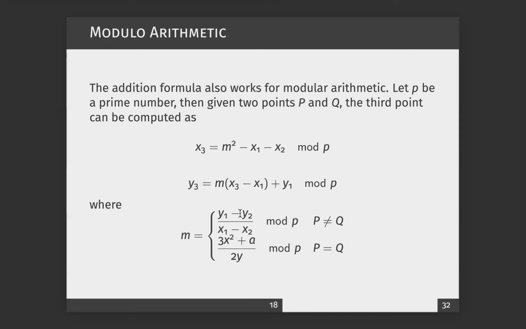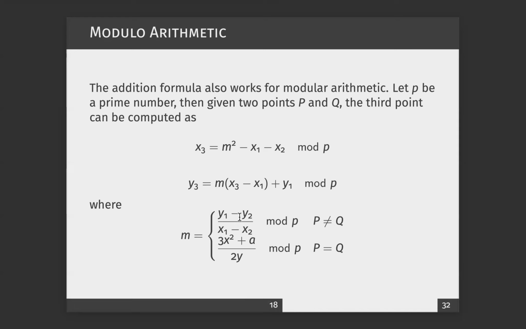The way to compute the slope modulo P is first you get the inverse modulo of 1 over x1 minus x2. And after getting the inverse modulo, you multiply it to this one, mod P, to get M.